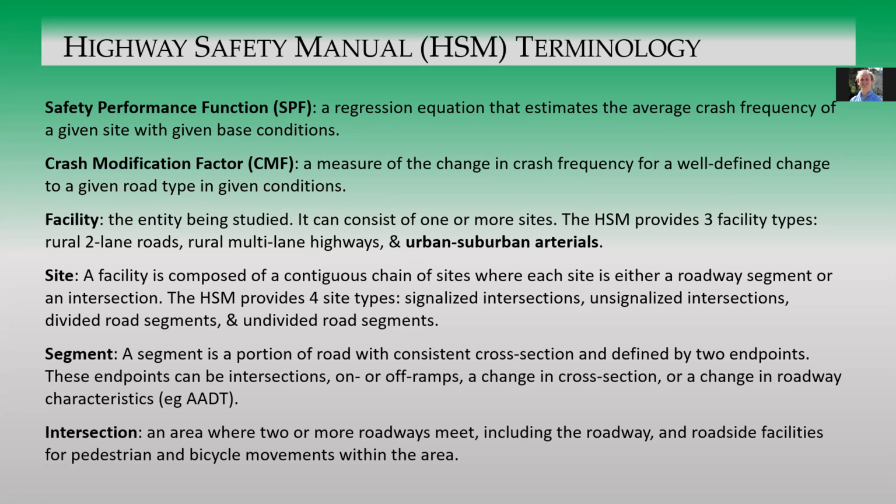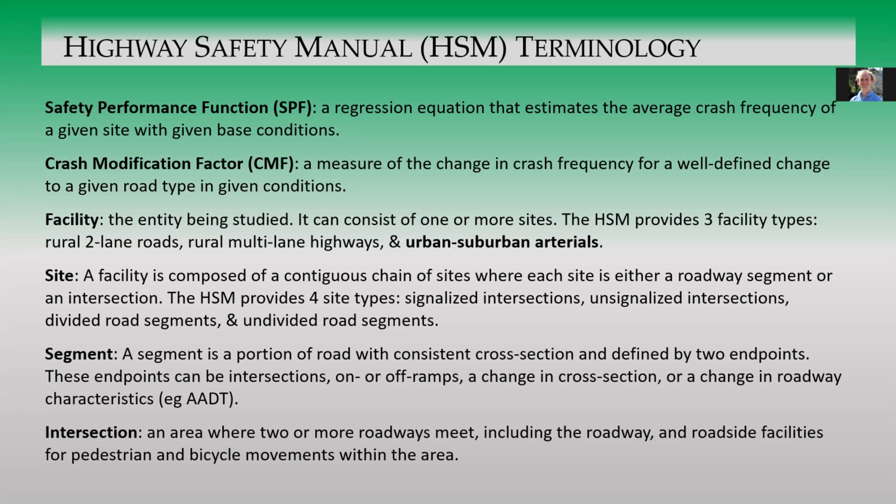Okay, before we dive into the spreadsheet portion of the presentation, I just wanted to make some terminology clear. If you know the Empirical Bayes method, you may know some of these things already. I apologize if so. First one, safety performance function.